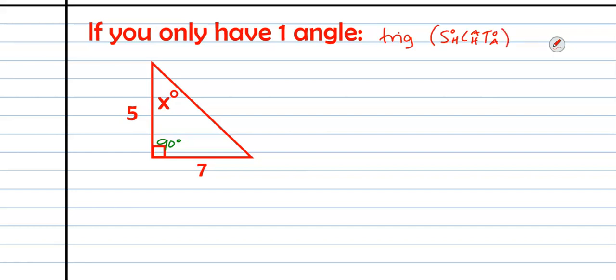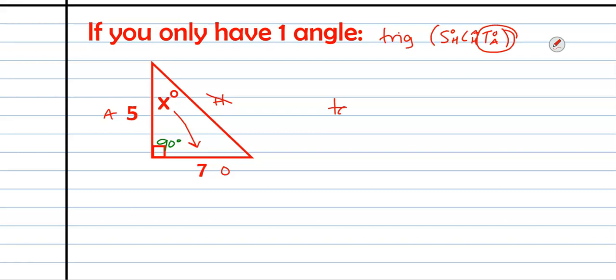We only have the one angle, but we do have two sides. So we're able to label those two sides as opposite and adjacent. In this case, the hypotenuse is over here, but we don't really care about it because they didn't give us a number over there. So tangent is what we're going to want to use because we have opposite and adjacent.